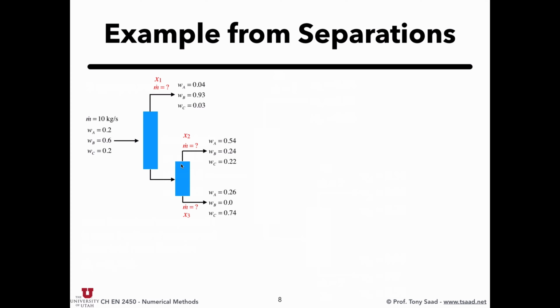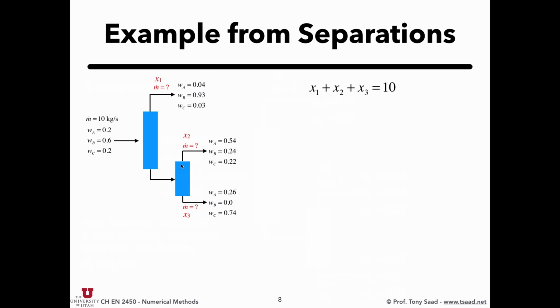Mass is just material coming in, and it has to come out from the other side. So we're bringing in 10 kilograms per second, and a total of 10 kilograms per second should come out. Therefore, the sum of the mass flow rates at the three different stations should sum up to 10. So x1 plus x2 plus x3 should be equal to 10 kilograms per second.